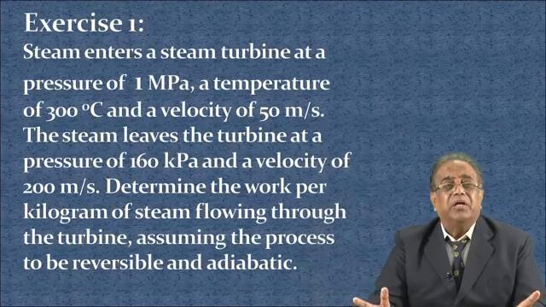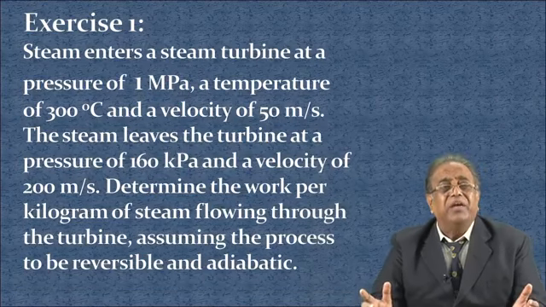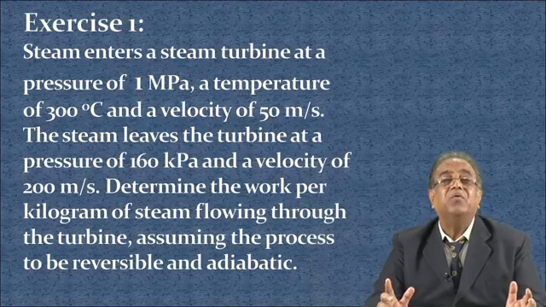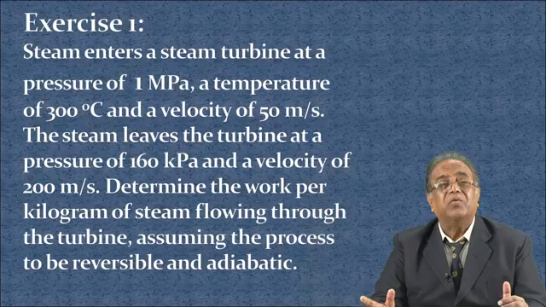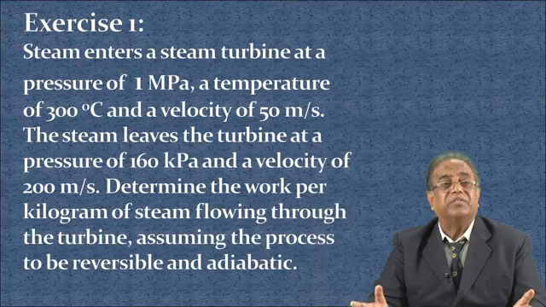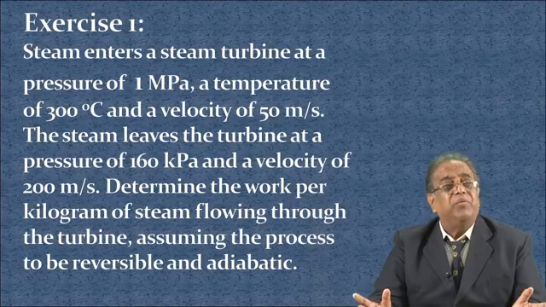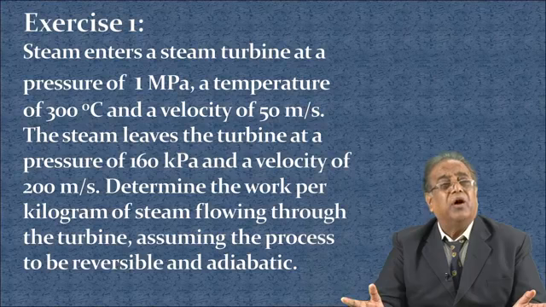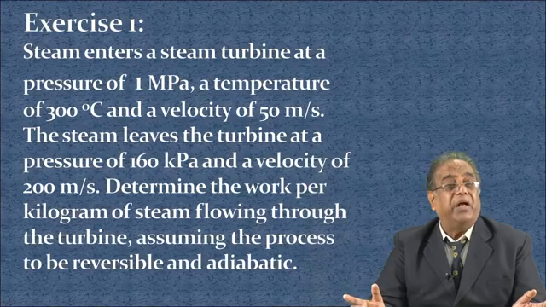Now let us discuss a very interesting numerical. Whatever we have discussed, we will see how we can use it for the analysis of the whole process, that is the steam power plant. The numerical is: steam enters a steam turbine at a pressure of 1 megapascal, a temperature of 300 degrees centigrade, and a velocity of 50 meters per second.